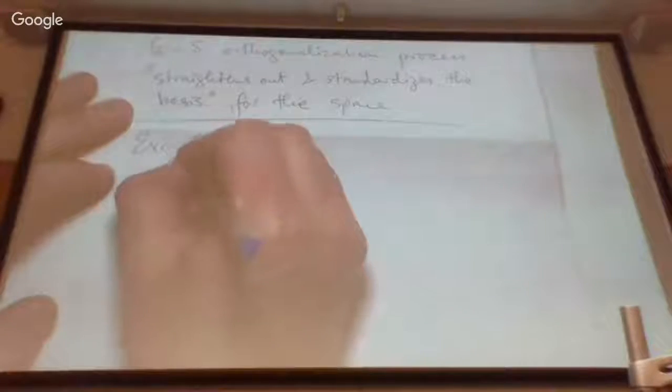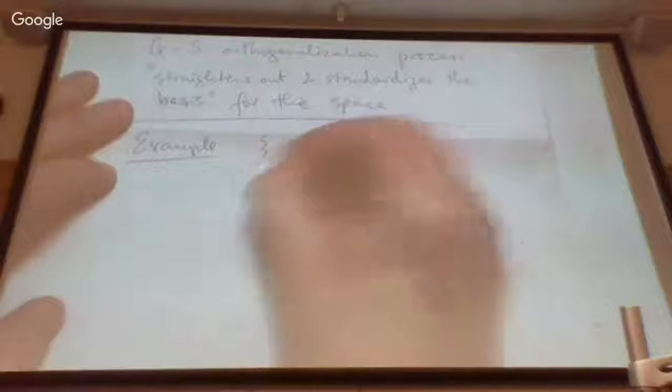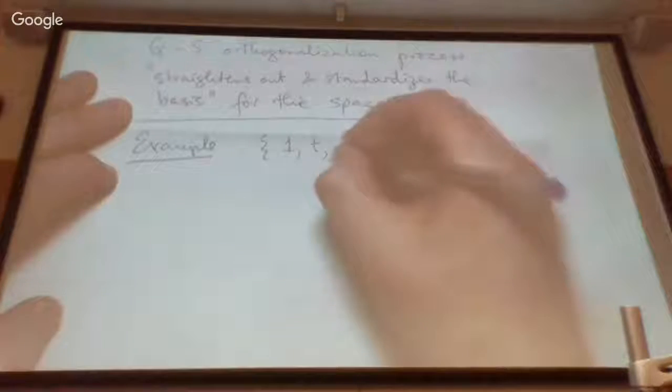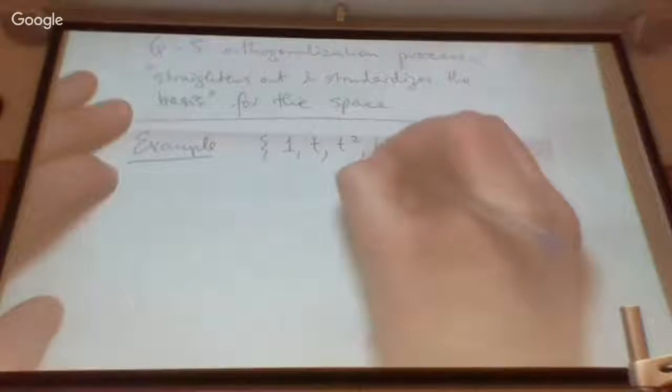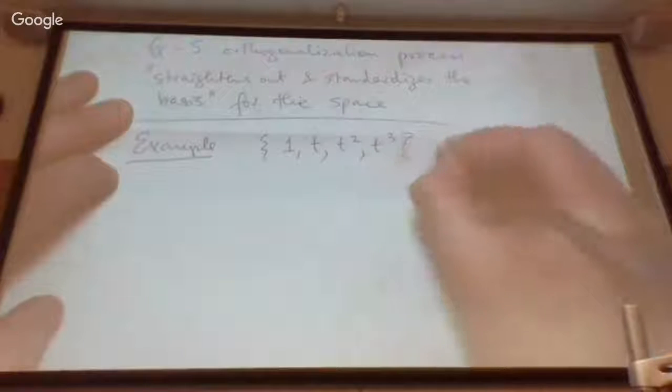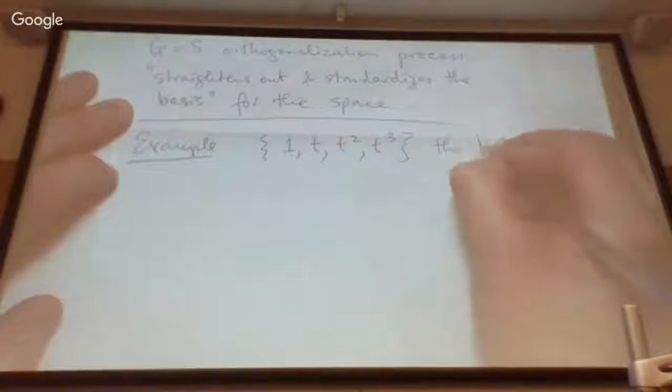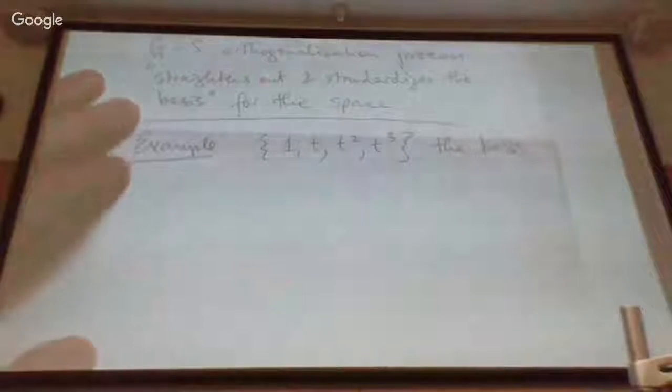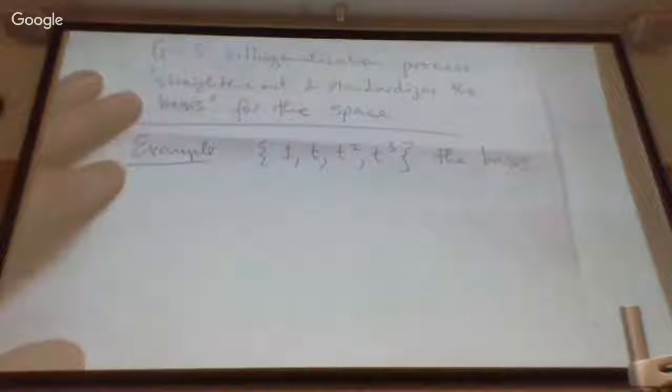We're starting off with what in some ways you might think is the most obvious or clearly understandable basis for all polynomials of degree less than or equal to 3.